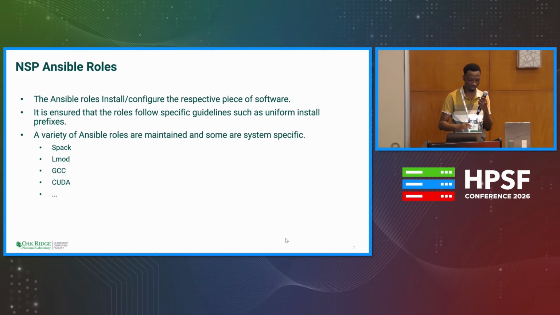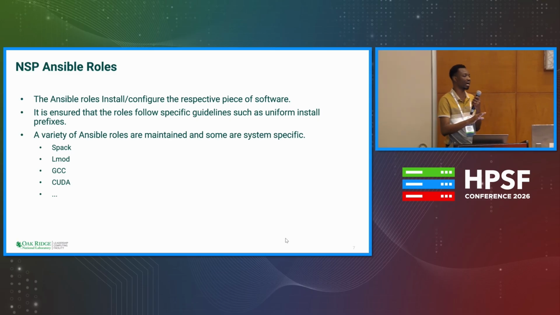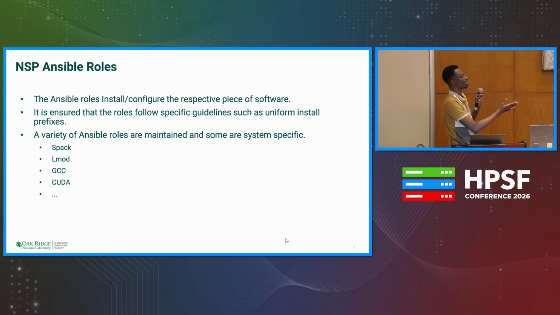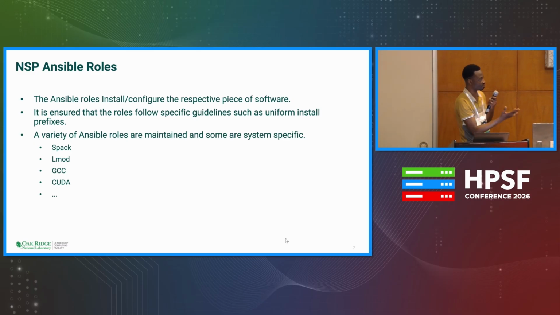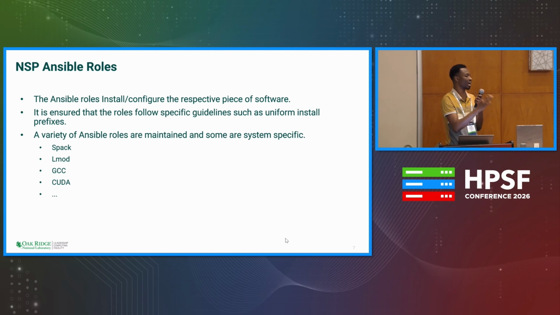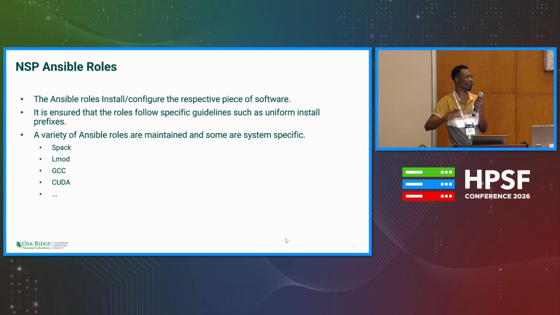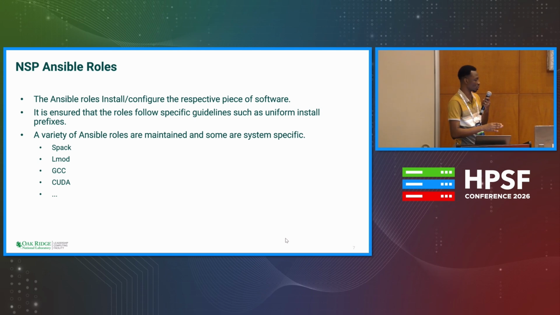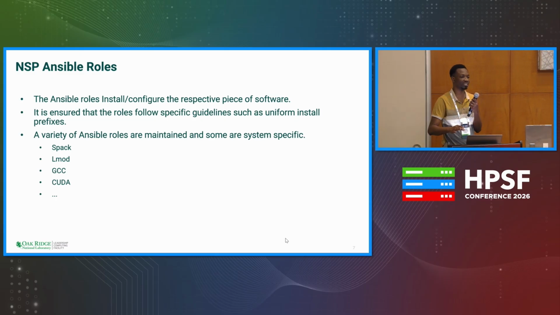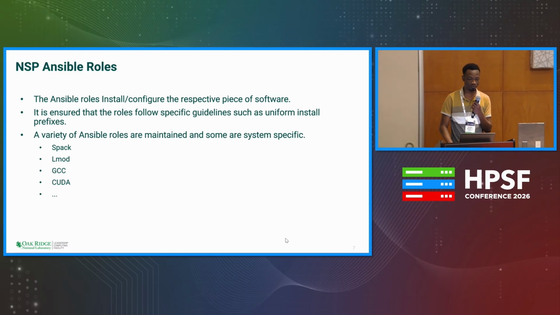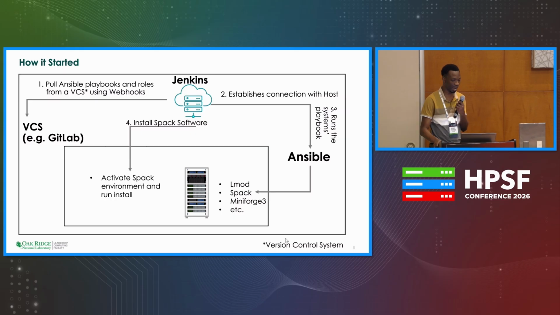There are several roles, and those are targeting different systems because this is more of a templated approach, so it can switch between different systems. When you see something like NVHPC, Frontier does not have NVHPC, but because it's templated, we take this template and we can implement it on a different NCCS system as well. Right now we have about 13 NCCS systems that we've implemented NSP on.